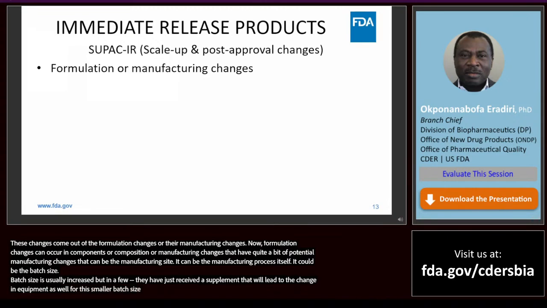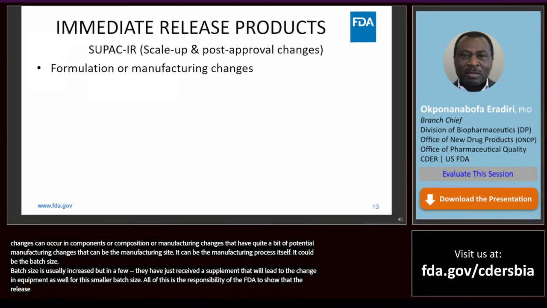So regardless of all these changes, the responsibility of FDA is to make sure that the drug release rate hasn't actually changed.